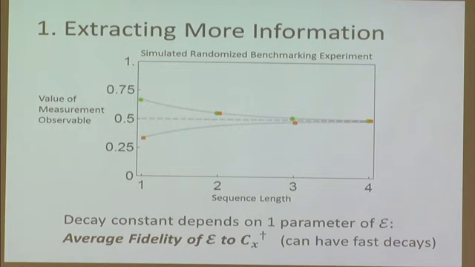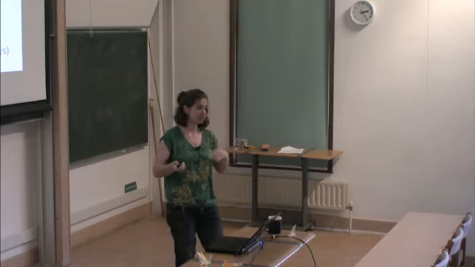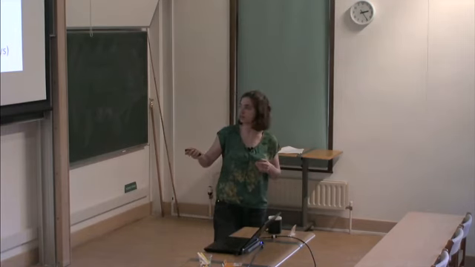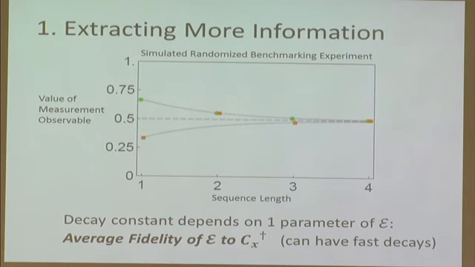You can get sequences of length maybe 100 because the process E is often very close to identity, but now E combined with some random Clifford probably has average fidelity that's very low. So you often get these very short decays where they decay off after sequences of length 4. So it's a little bit more of a challenge to extract parameters from these decays.